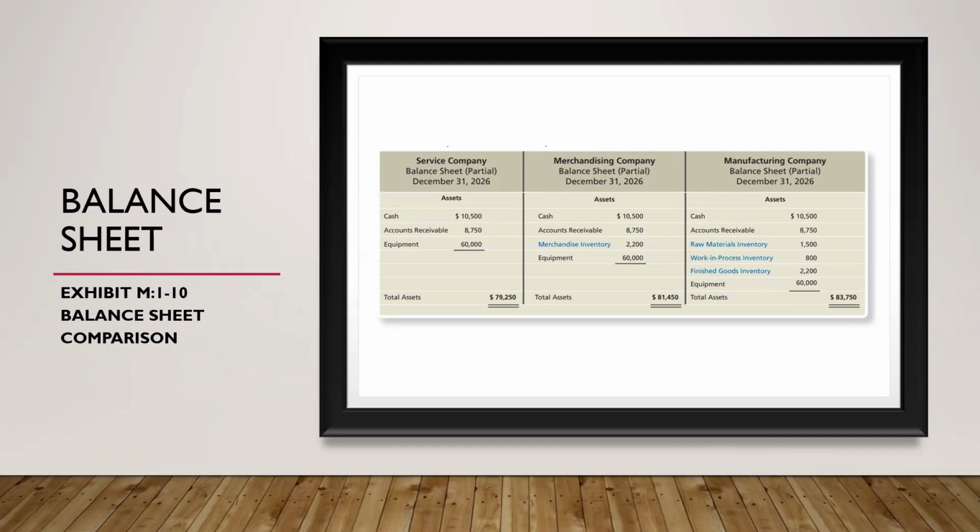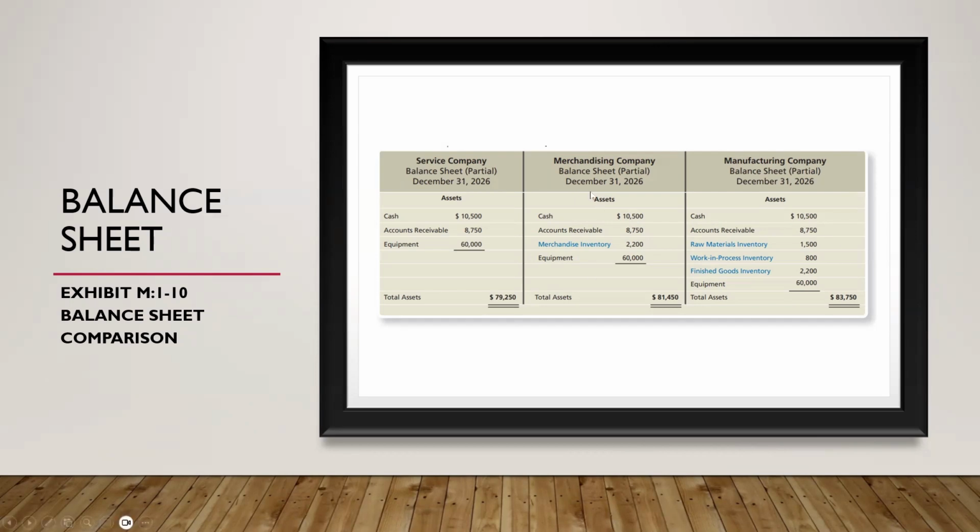Here in Exhibit 1-10, it shows a comparison of the balance sheets for service, merchandising, and manufacturing companies. Now, notice that the accounts highlighted in blue illustrate the different kinds of inventory accounts used by various types of companies.